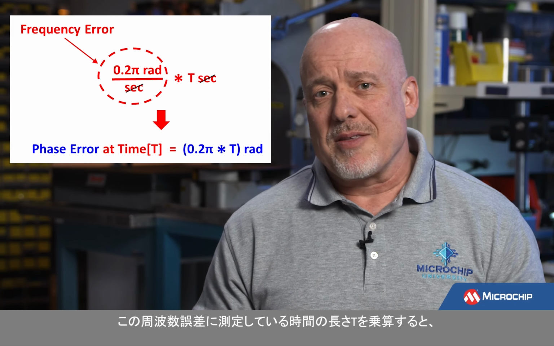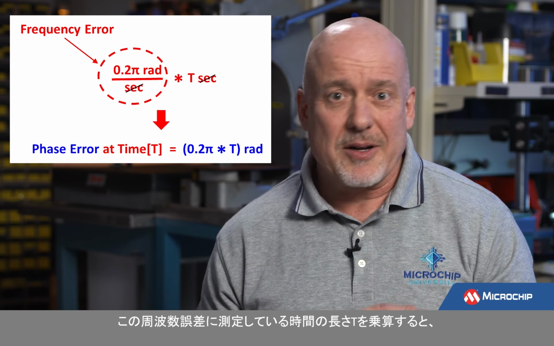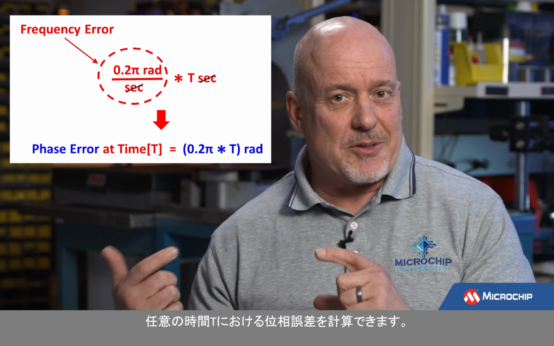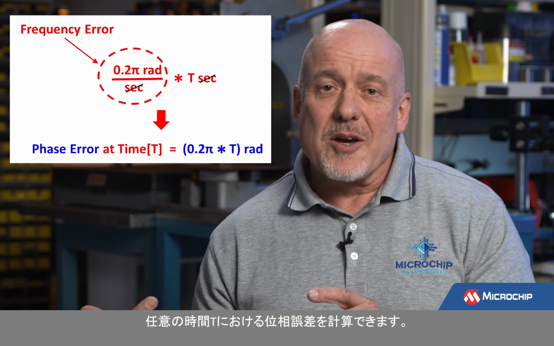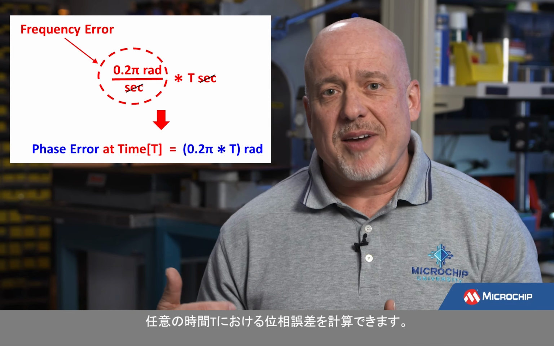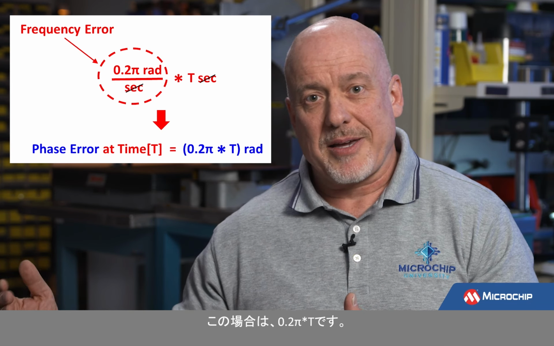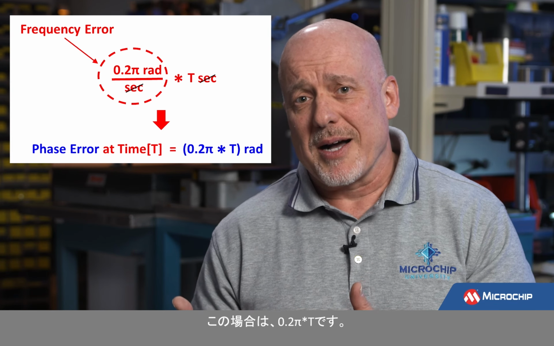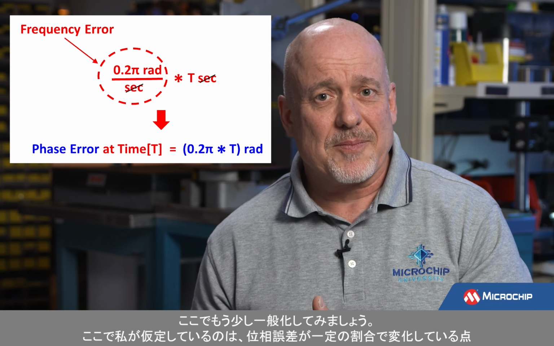If we multiply this frequency error by the amount of time that we're measuring, capital T for example, we can then calculate the phase error at any time T, and that is 0.2 pi times T.